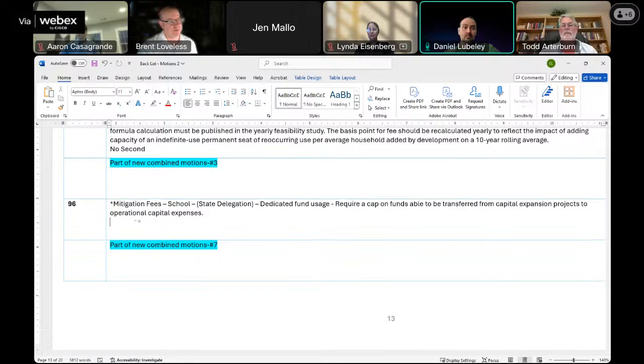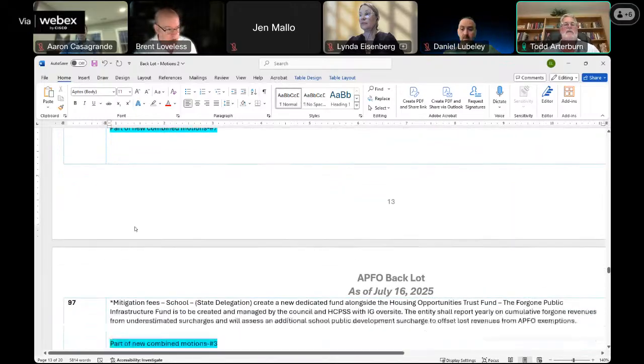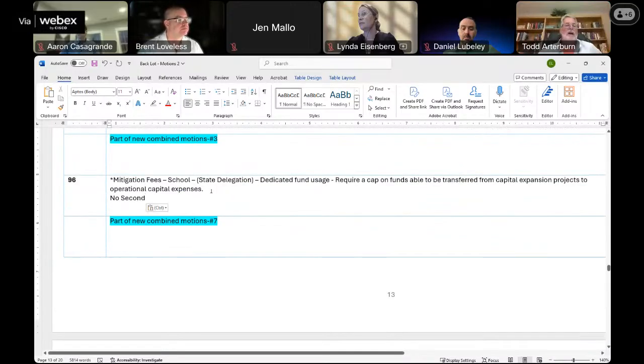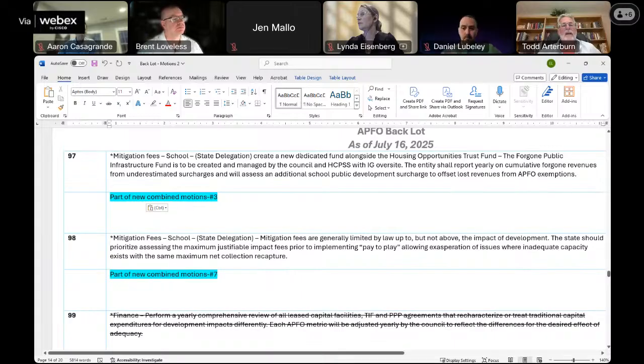Right. So is there a second on this motion? Based on that, we've addressed this somewhat, I'll withdraw. No second. Number 97, or what, is that right? 97?